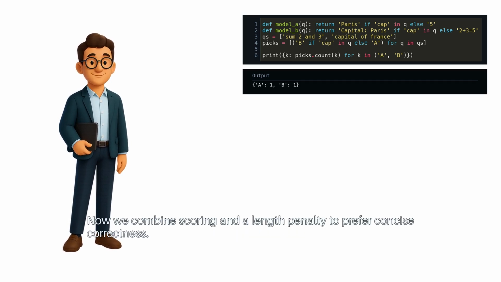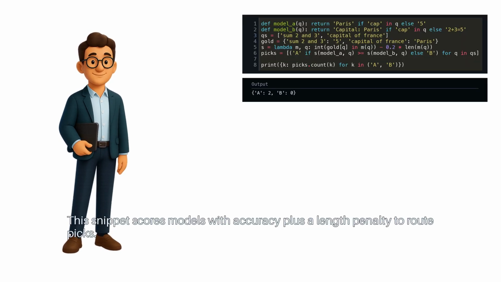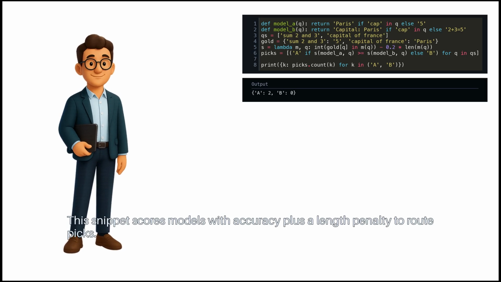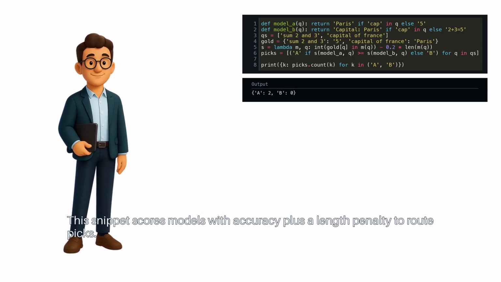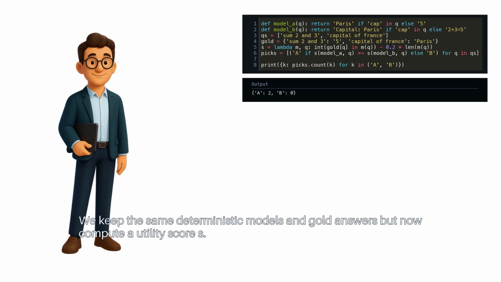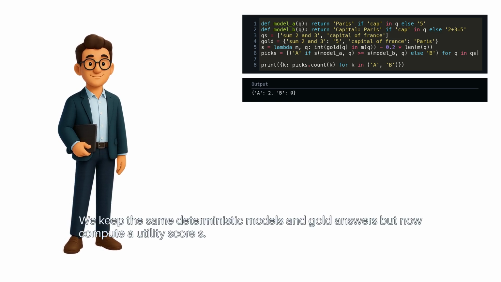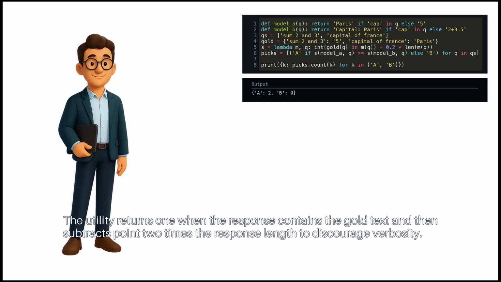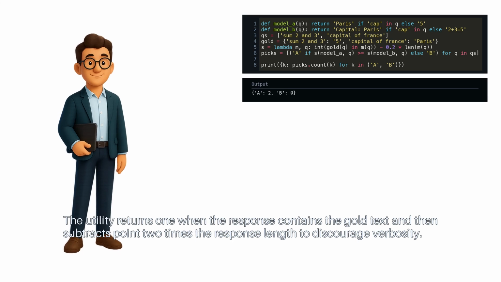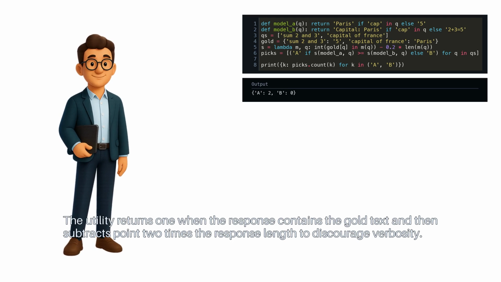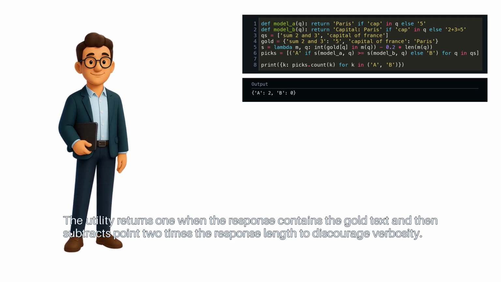Now we combine scoring and a length penalty to prefer concise correctness. This snippet scores models with accuracy plus a length penalty to route picks. We keep the same deterministic models and Gold answers, but now compute a utility score S. The utility returns 1 when the response contains the Gold text and then subtracts 0.2 times the response length to discourage verbosity.